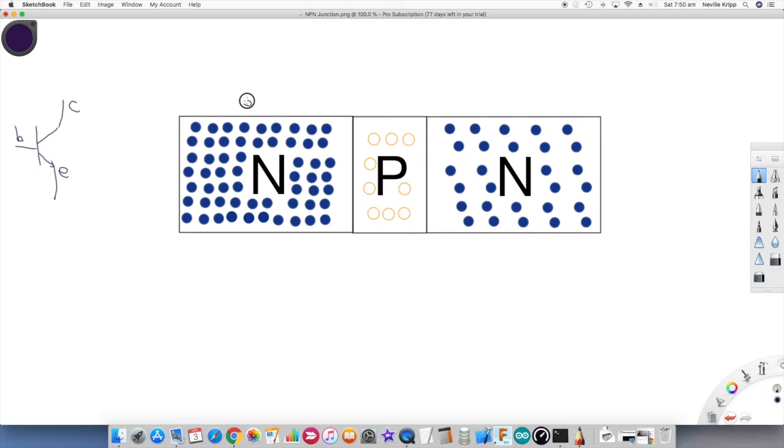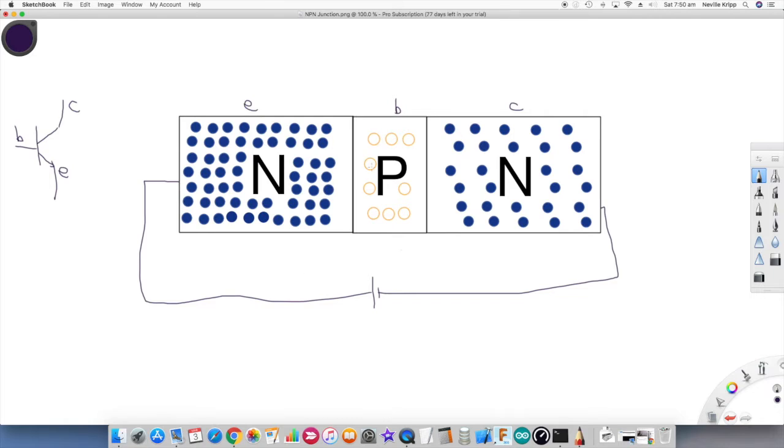So here we have the emitter, the base, and the collector. So let's take a look at what happens when we put a battery across the device. So we'll put a voltage source across emitter collector.